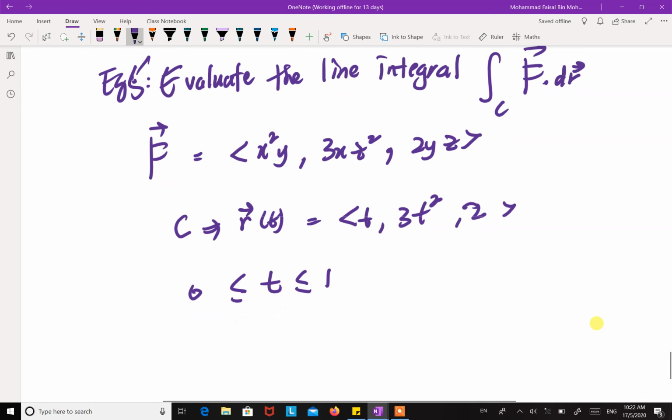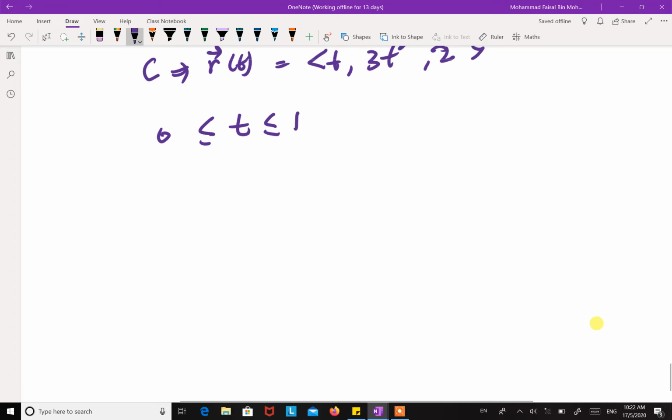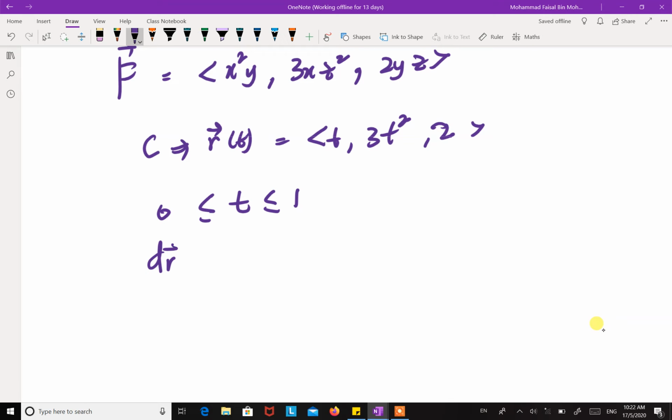So first find dr. Your dr will be x prime, y prime, z prime dt.